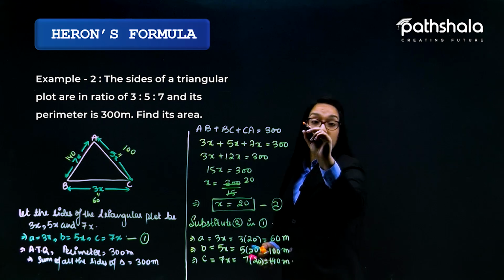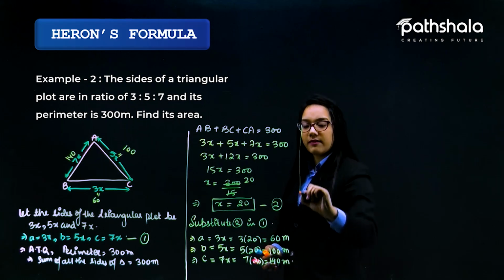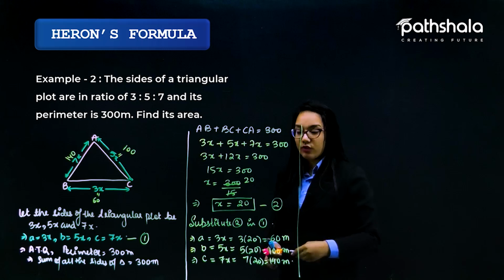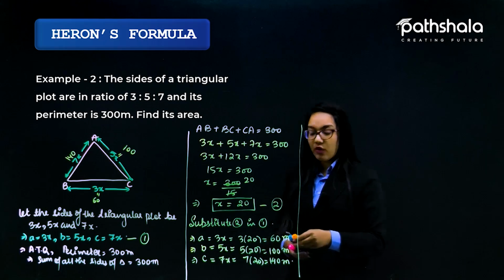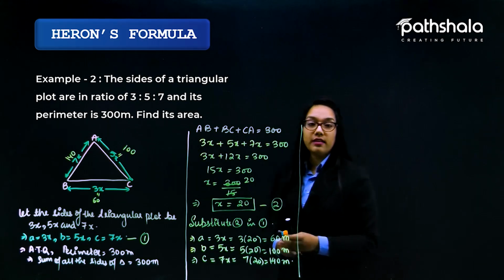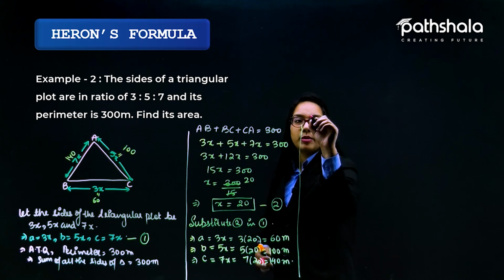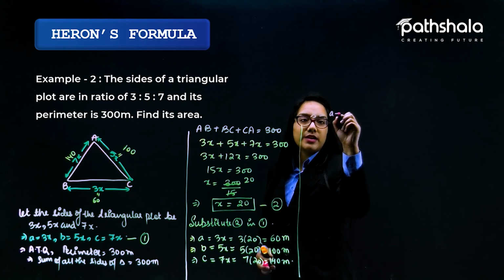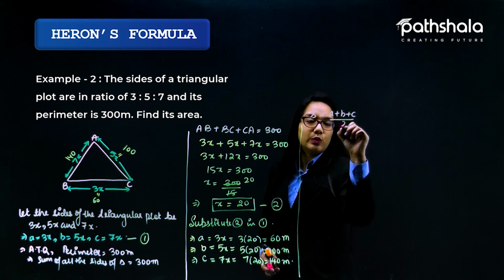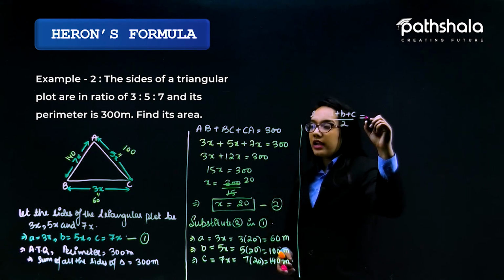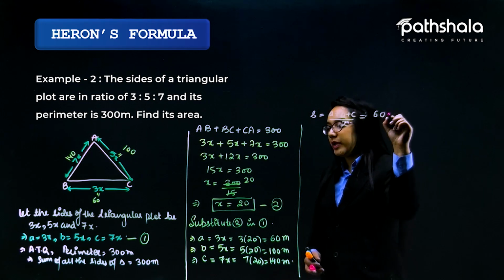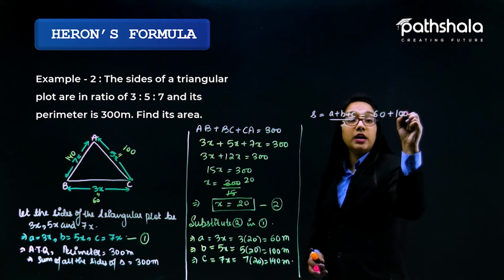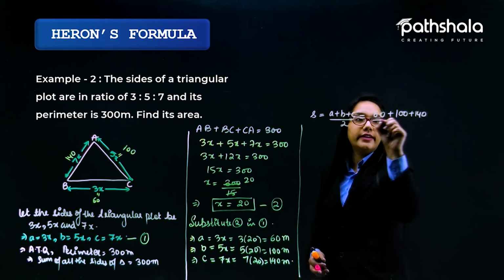So we have calculated the values of A, B and C. Let's calculate the value of S. The semi-perimeter S is A plus B plus C divided by 2. Plugging in the values, A is 60, B is 100 and C is 140, divided by 2.